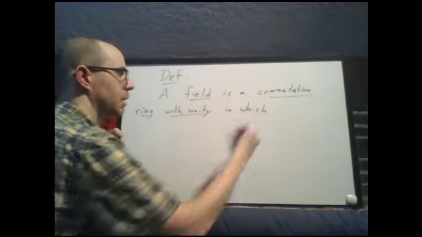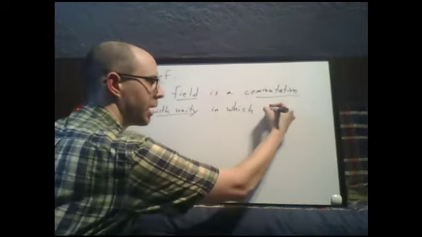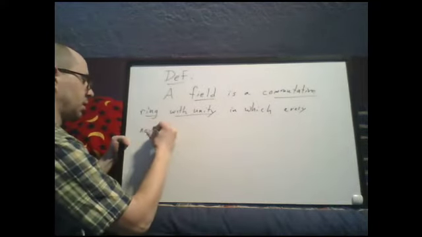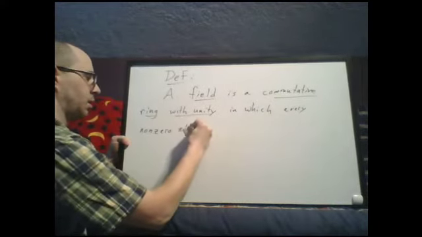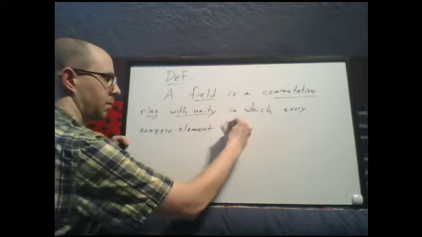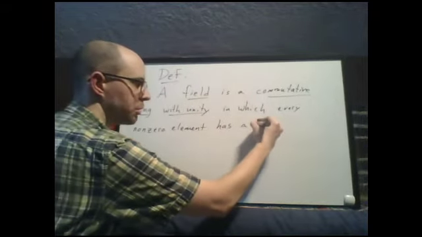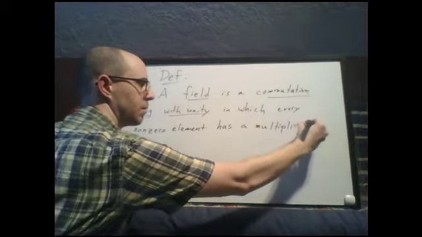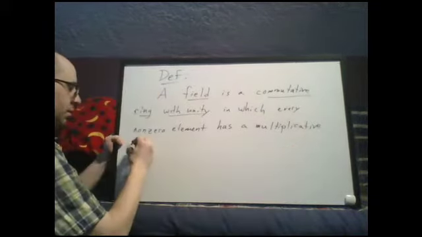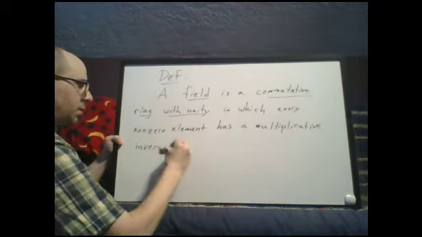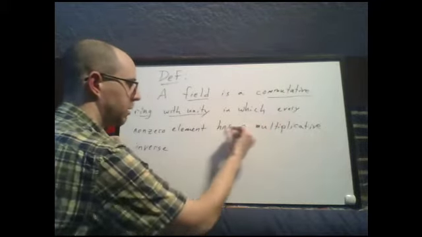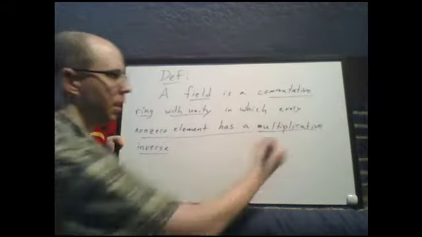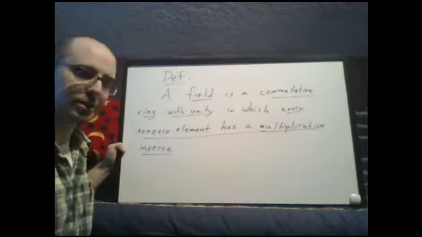So it's a commutative ring with unity in which every non-zero element has a multiplicative inverse.